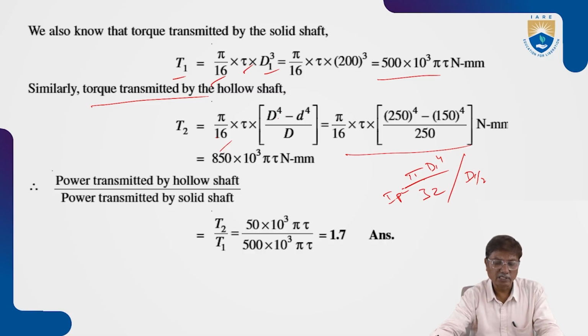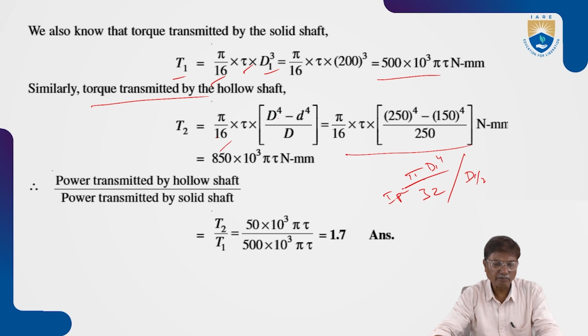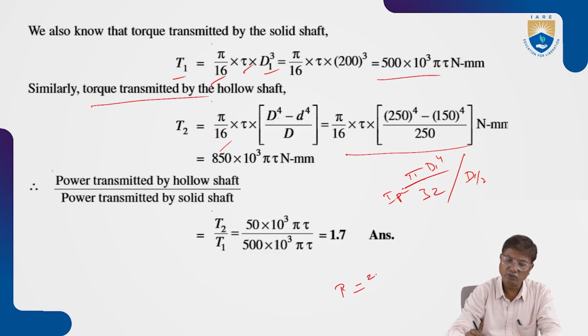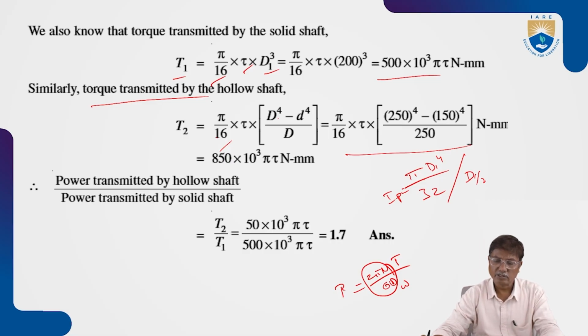So power transmitted is nothing but torque transmitted, because the angular velocity is the same. Power transmitted is torque multiplied by angular velocity, isn't it? That is, 2 pi N T by 60. This is nothing but angular velocity, which is the same for both; that is what is given.